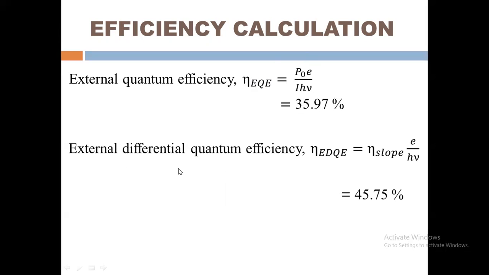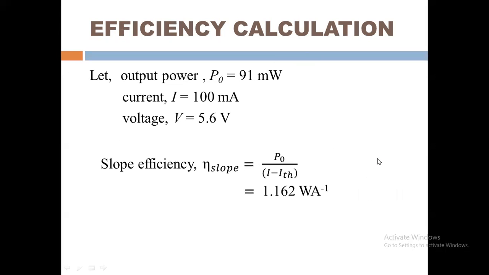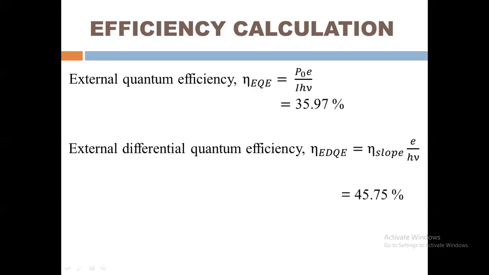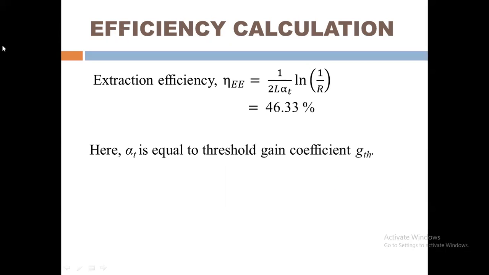Next, I have calculated the external differential quantum efficiency using this equation, and for the calculation we require the slope efficiency. By using this equation, the calculated external differential quantum efficiency is 45.75%.